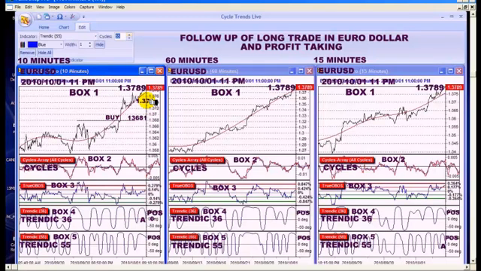The trending indicator shows the immediate trend, and if you want to go long, the trend as shown by the trending indicators, trending 36 and 55, in all 3 periods must be pointing in an upward direction. And we're now going to follow this up by showing you the technique for going short on the pound dollar.